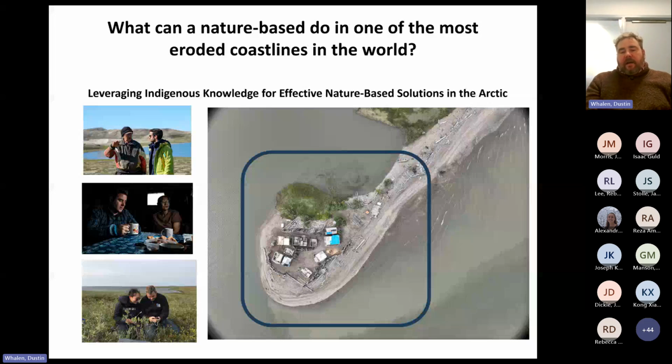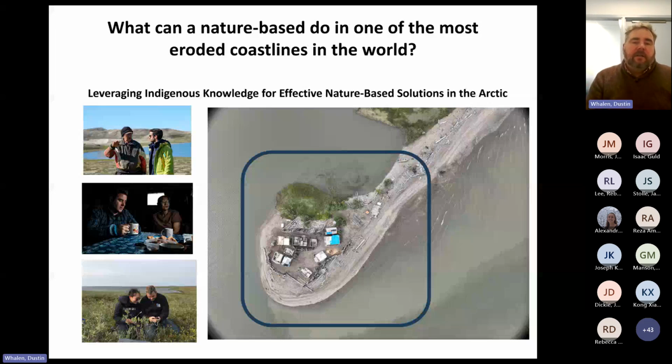But this cabin area owned by the Lenny family, because they used traditional knowledge and they knew that driftwood could be a natural asset and a natural barrier, they basically fortified their camp here.